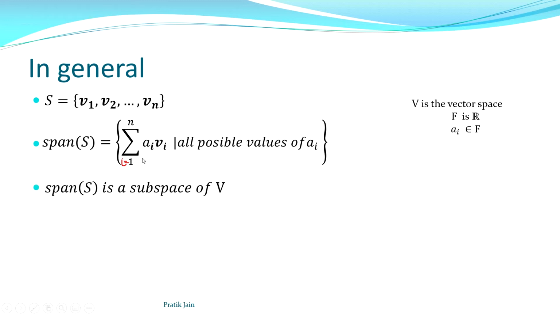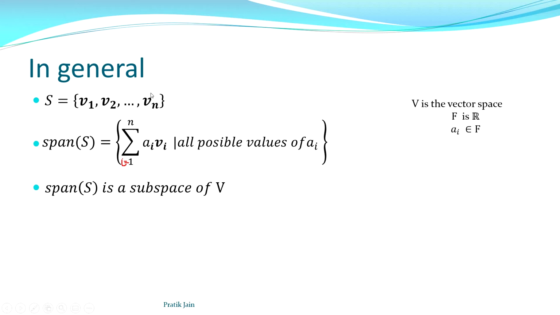Now, span of S is a subspace of V. V is my original vector space. So I'm taking some vectors from the vector space, and I am taking the linear combination of that. So span of S is a subspace of V. It should lie in V. You cannot go outside V. That's clear, right?